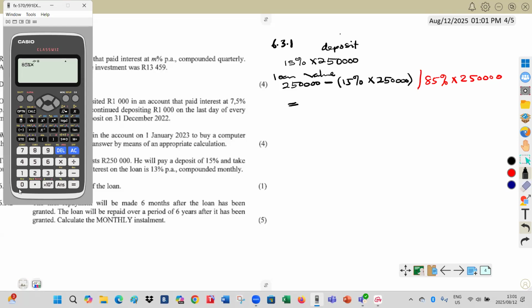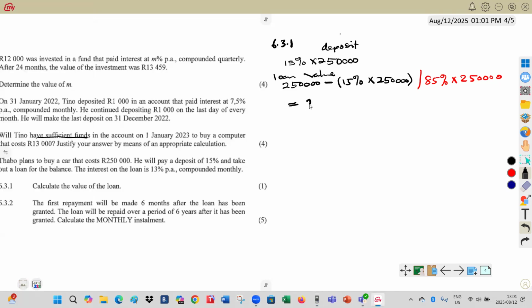Of 250,000. Still it is 212,500. So here our answer is 212,500.